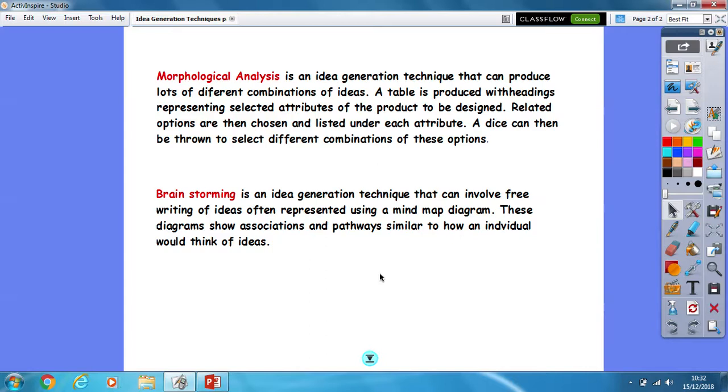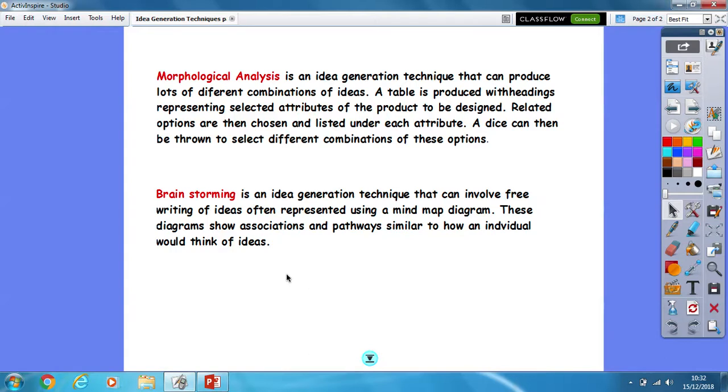A mind map diagram is very similar to the way in which you think. You have divergence and convergence within the diagram and associations, similar to the way in which you would think. So we want to write an answer that basically explains this.